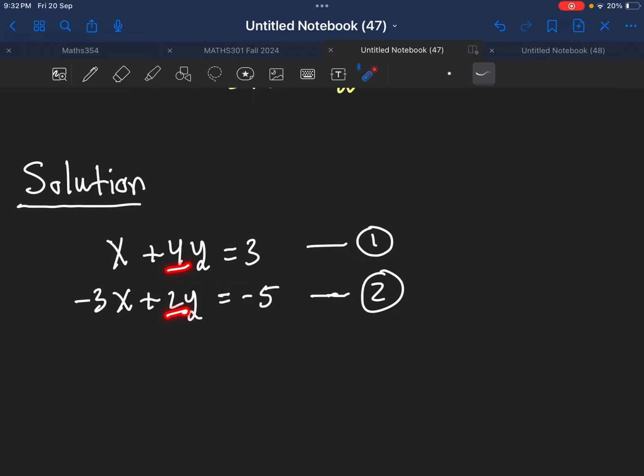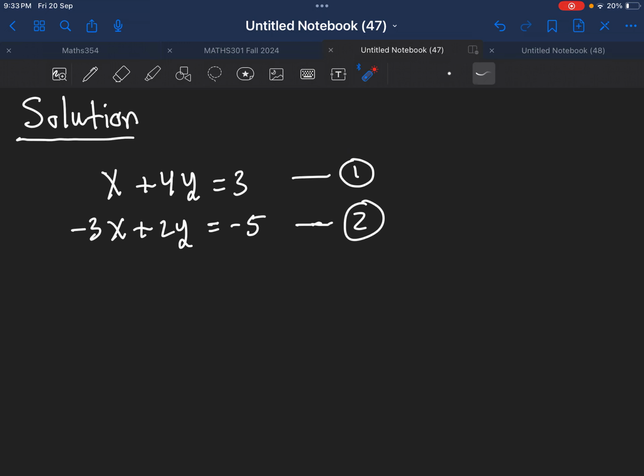So what you need to do is something so that we get 4 here, so that we have 4y and 4y. Well, the easy answer is to multiply everything by 2. Because if you multiply everything by 2, this will become 4, and that will make it similar to this one. Let's do it.